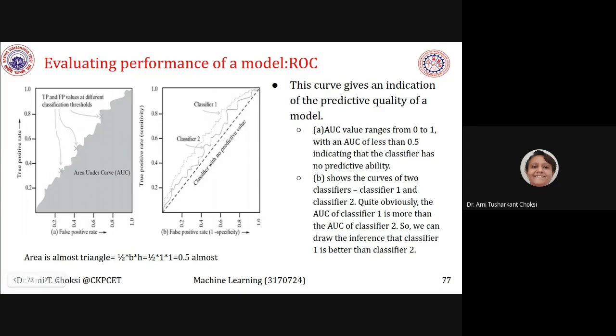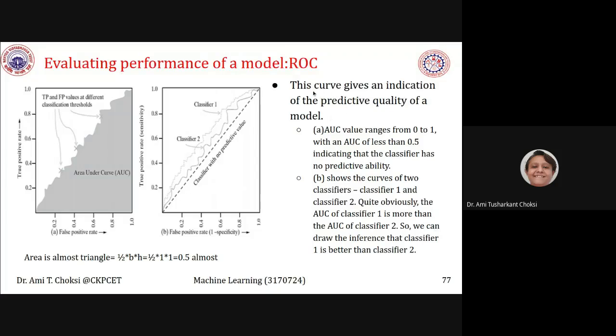So at least it should have the area of 1/2 × B × H, which is 1/2 × 1 × 1, so almost 0.5. Not exactly 0.5, it will be more than that, because we have considered only the triangle, but it is not the exact triangle. Some more area is also there. So for this particular figure, the area under the curve is more than 0.5, okay?